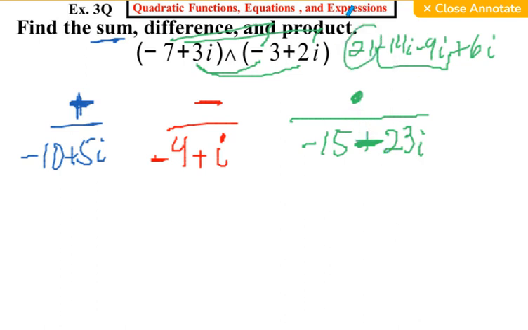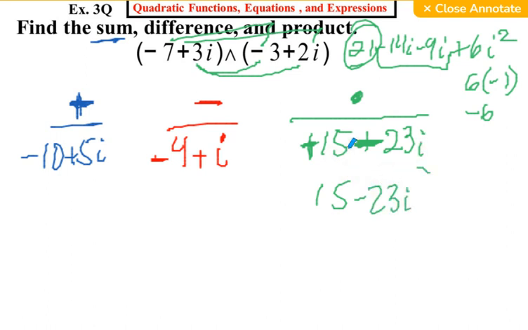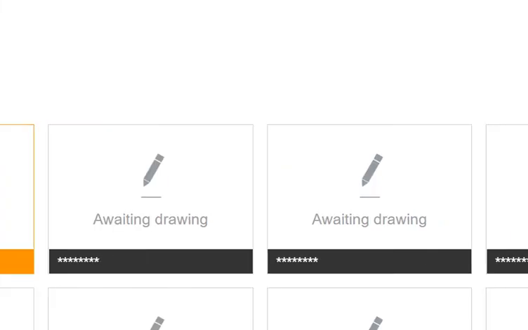And then we got 21 and 6, oh, this is i squared. 6 times negative 1, that's negative 6. And 21 minus 6, that's positive 15. So it's 15 minus 23i. Hands if you got that. All right, we got this. Send me your work, see what you did.